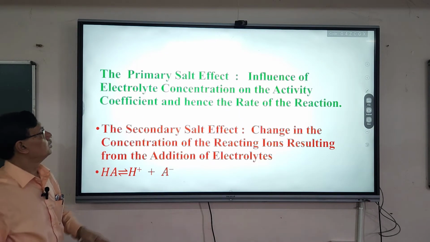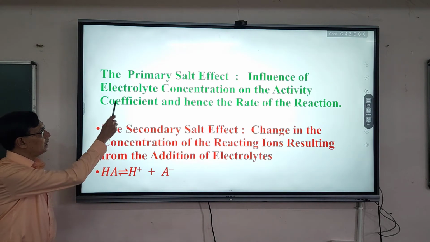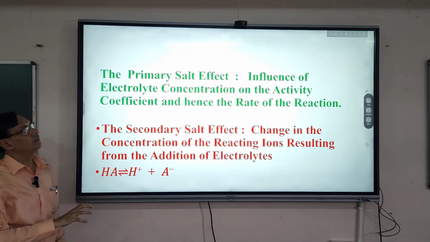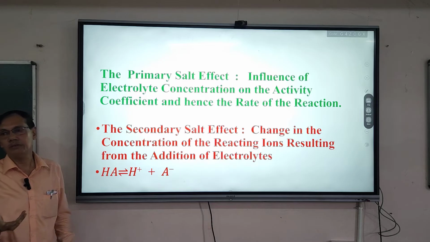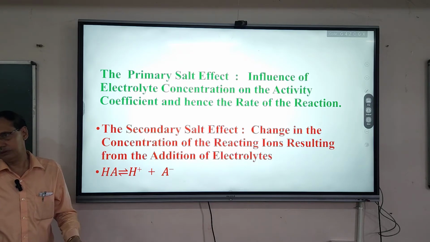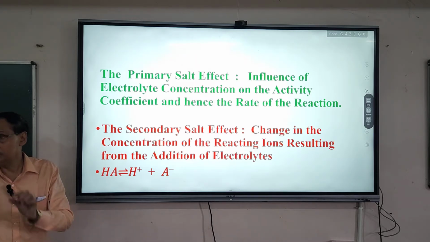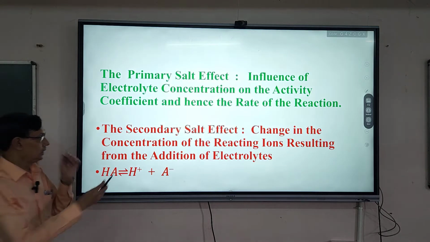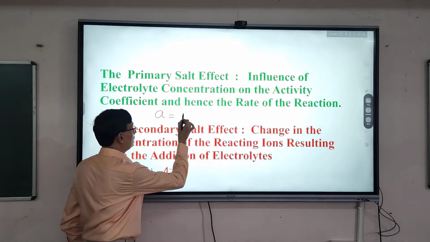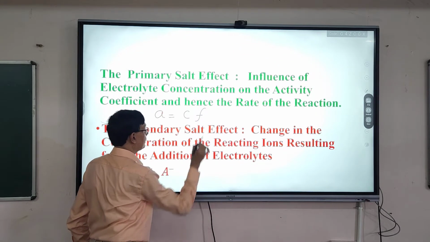I have already told you that primary salt effect means the influence of electrolyte concentration on the activity coefficient and hence the rate of the reaction. You might have heard about the activity and activity coefficient, which is a very important terminology in electrochemistry, because the activity is related to the stoichiometric concentration and the activity coefficient.